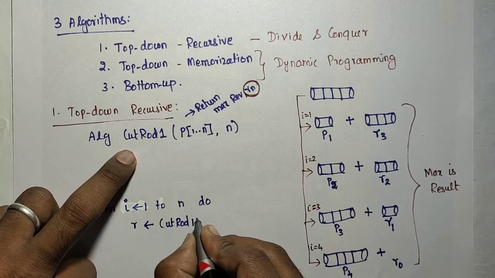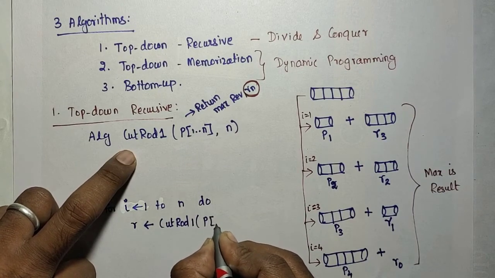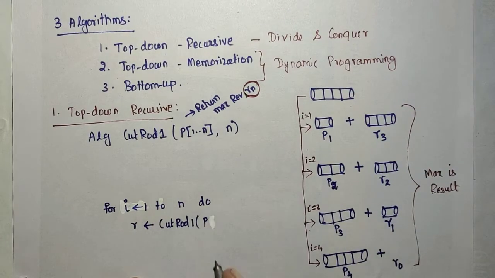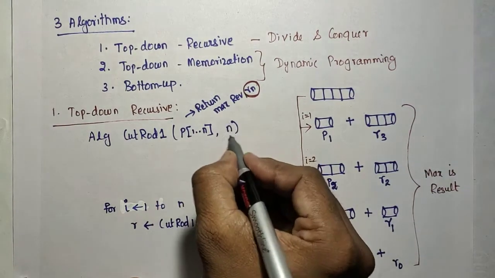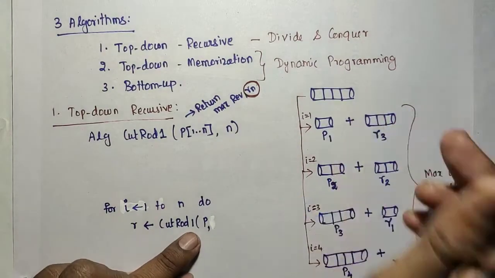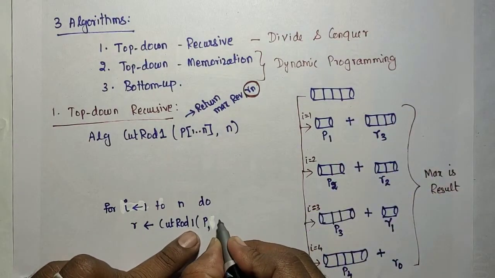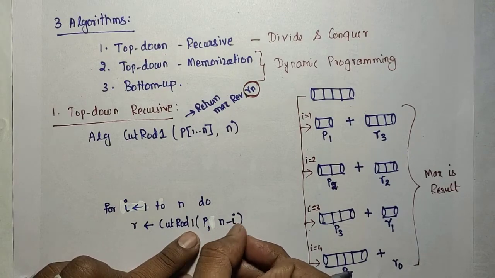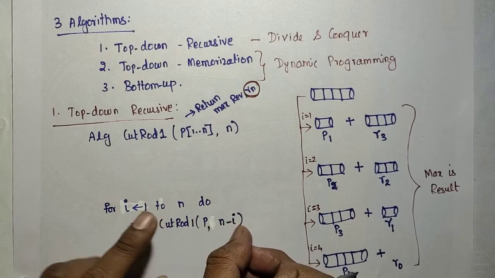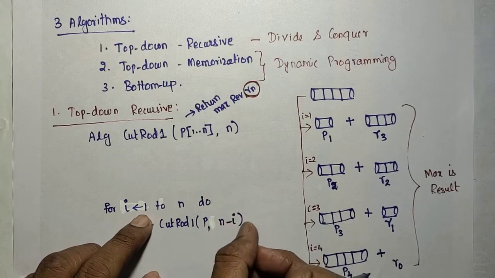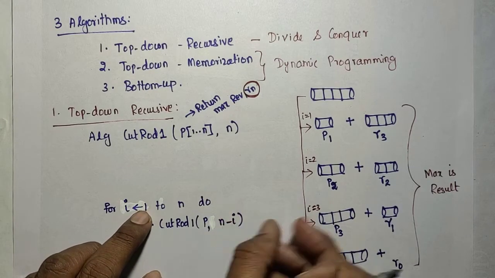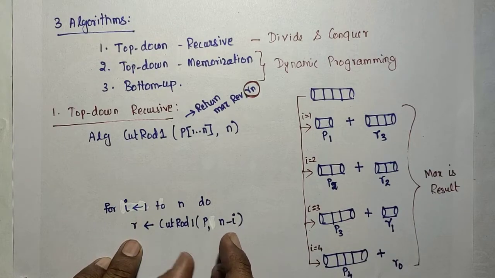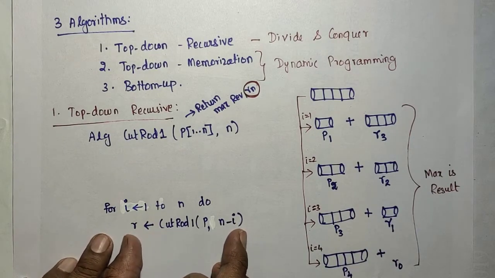So cut rod with the price list sent as it is, comma, n minus i, the remaining inch. Which inch rod's maximum revenue do we need? When i equal to 1 we need the 3 inch rod. When i equal to 2 I need the 2 inch rod. So like that I need the n minus i inch rod maximum revenue.